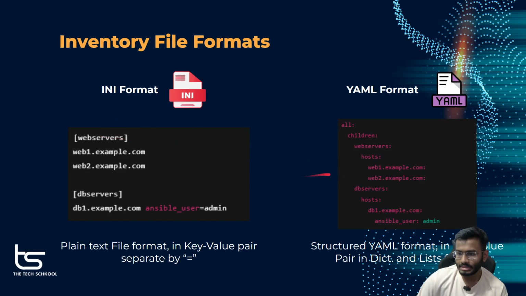As you can see, if we have a small infrastructure, that is a small footprint, the INI format is very useful and it's straightforward to write the information about those nodes, that is the hosts, directly. But if we have thousands of servers and we have to group them properly, say for example in a multinational company, they cannot rely on such a format, writing one by one.